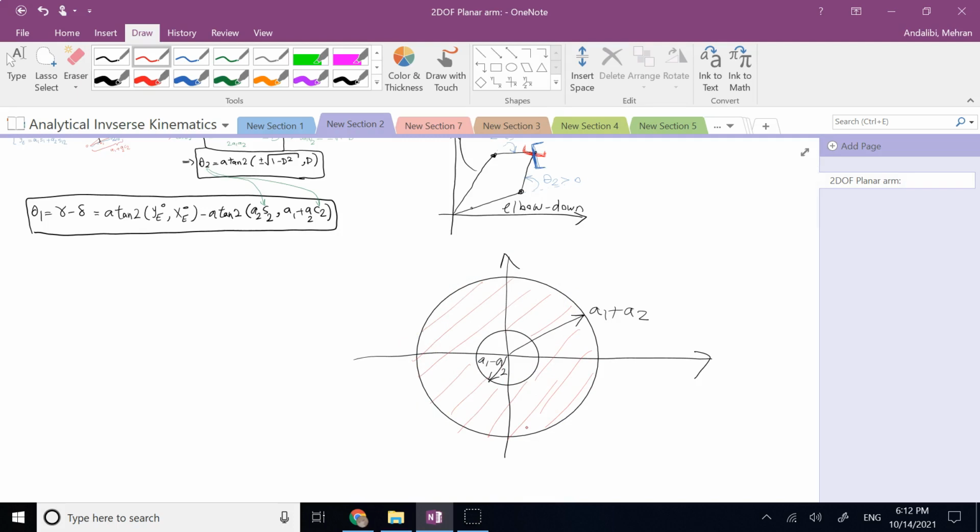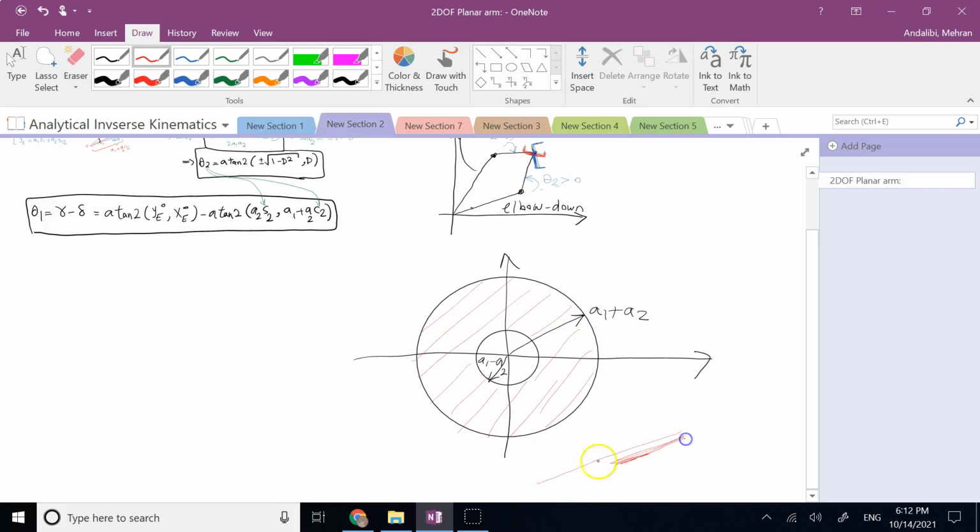You might say, what if A1 is equal to A2? Then there is no hole. It's going to be a solid circle. You can reach the origin as well. And if A2 is bigger than A1, then again, the same problem, because now if member 2 is moved back and theta 2 becomes pi, then you will have something like this.